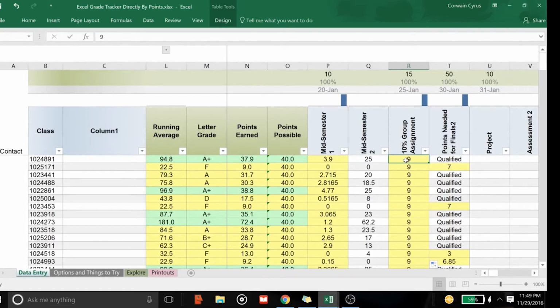Just 7% you have to work for on your own to pass. 7% out of the remaining 30.